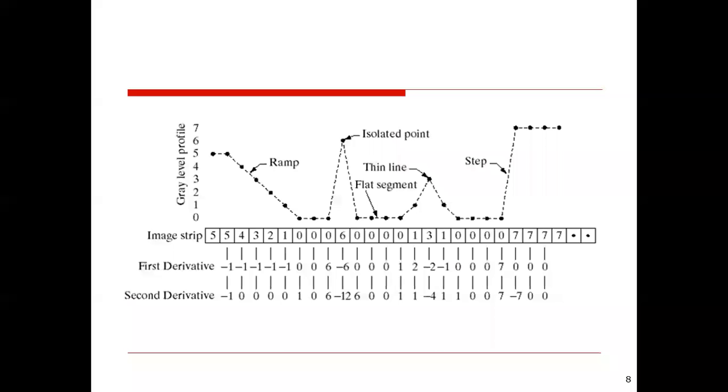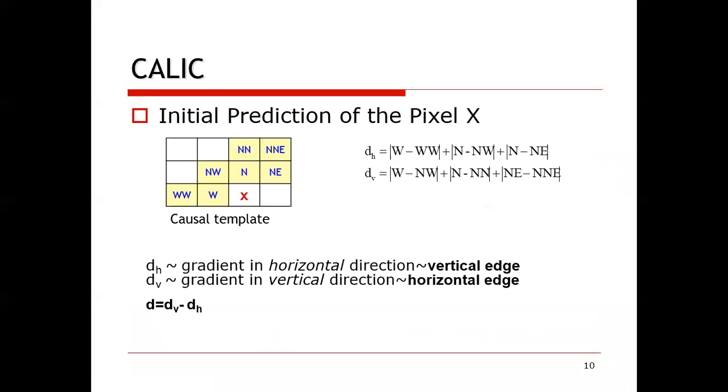So see here. You want to find the initial prediction of the given pixel x. The neighboring pixel of x in the vertical direction is capital N, and the neighboring pixel of the given pixel x in the horizontal direction is W. Again, the neighboring pixel of W in the horizontal direction is WW, and in the vertical direction is NW.